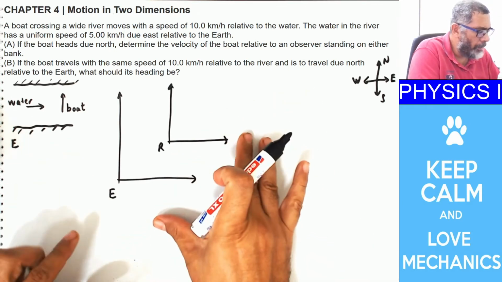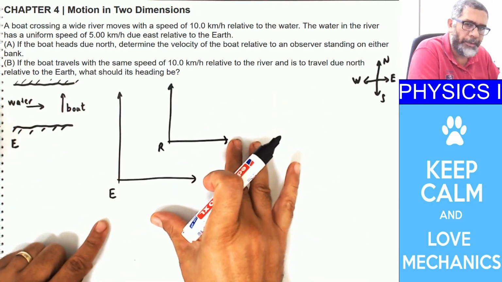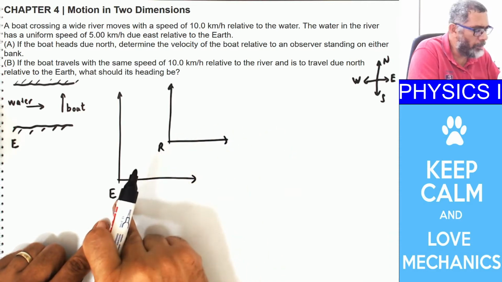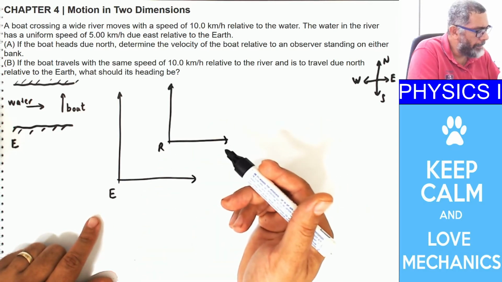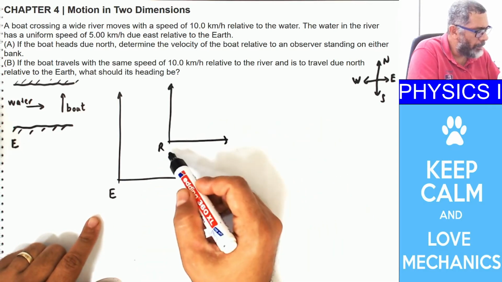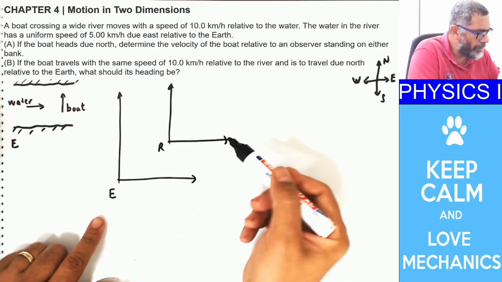We just draw two reference frames. One is for the Earth, and the other is for the river. And you might have difficulty realizing what this river reference frame is.